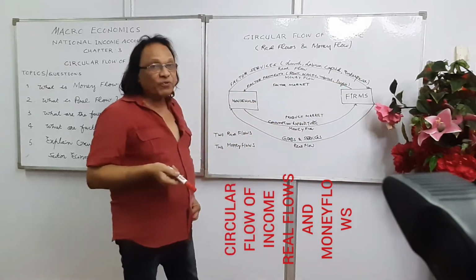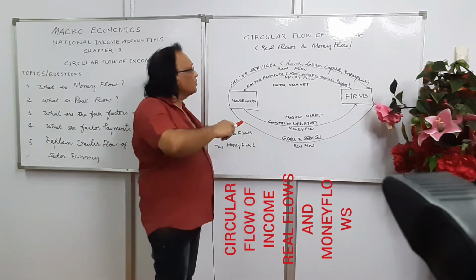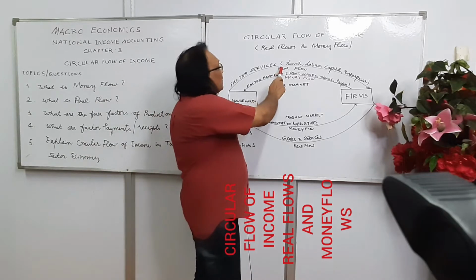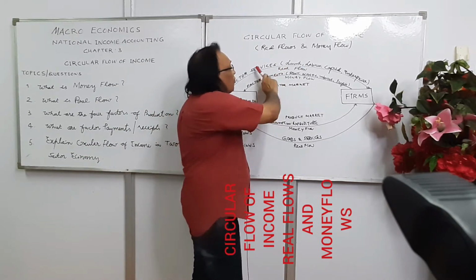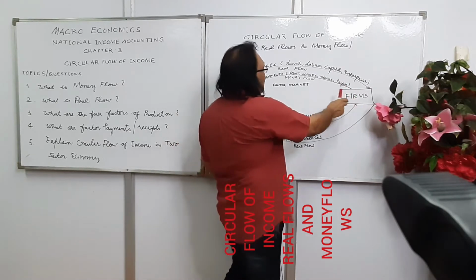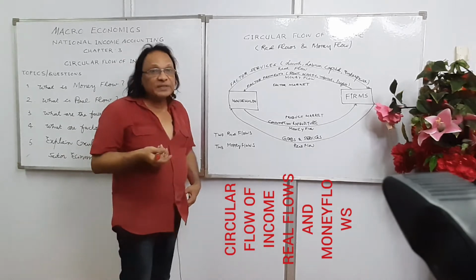They are the owners of 4 factors of production. They provide these factor services to the firms. This is real flow because flow of goods and services is taking place here from households to the firms. There's no money flow here. This is real flow.